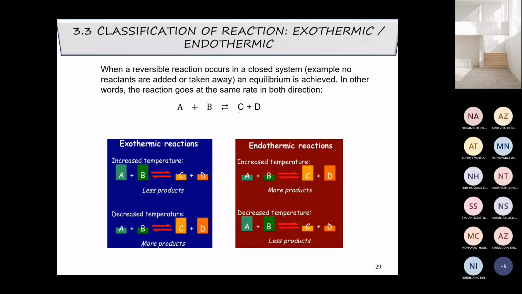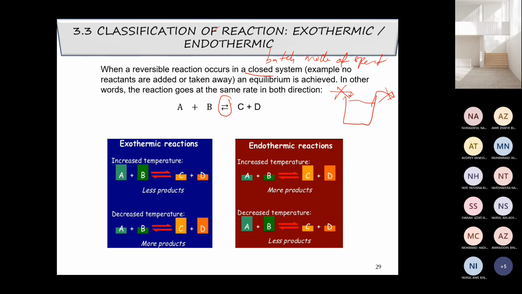So when a reversible reaction occurs in a closed system, for example no reactants are added or taken away. Ingat closed system ni adalah dekat batch lah, batch mode of operation. So bila berlakunya proses tu, reaction, kita tak akan supply reactant continuously, ataupun kita keluarkan dia at the same time. So kita tutup valve ni. So bila berlaku ni, akan berlakunya equilibrium achieved.